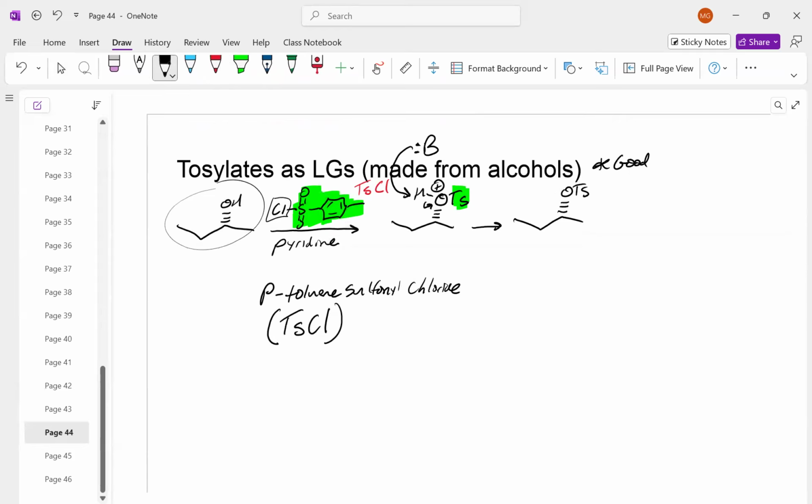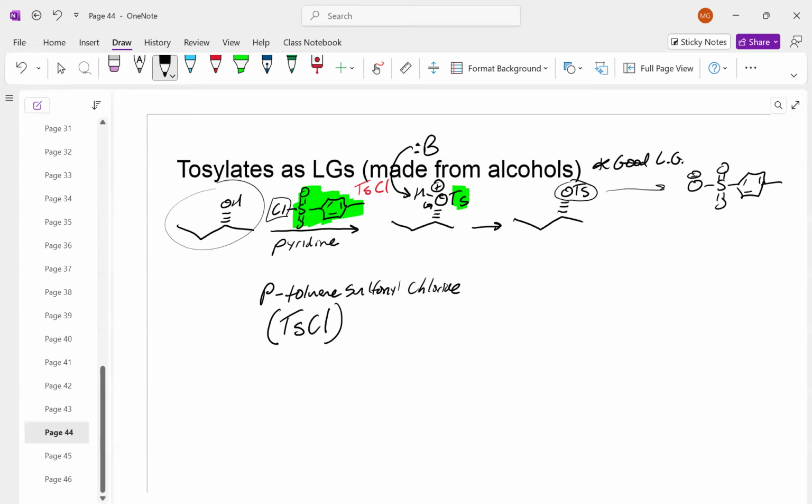Tosylates are very good leaving groups. Well, why is that? So this whole thing, when this leaves, you get this anion. Now, what would make that a stable leaving group? Well, there's a lot of resonance that you can do for that.